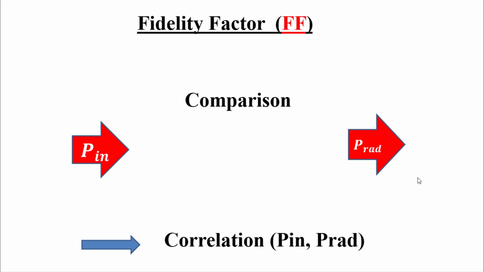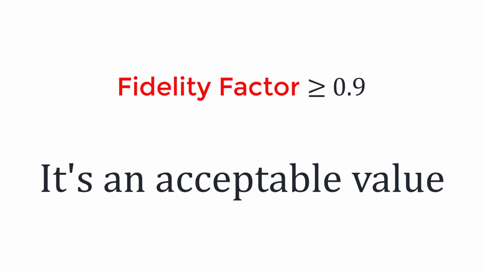In general, if we have a fidelity factor superior or equal to 0.9, we can talk about an acceptable fidelity factor for transmission. If we have a fidelity factor lower than 0.9, we can say that it is unacceptable for pulse transmission.